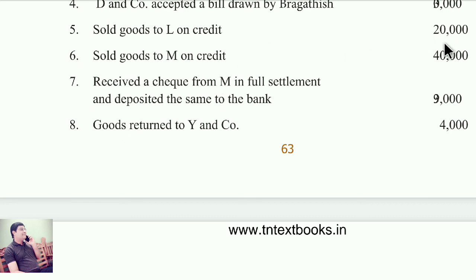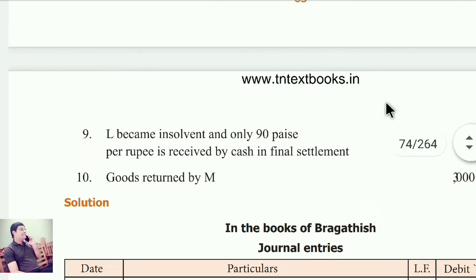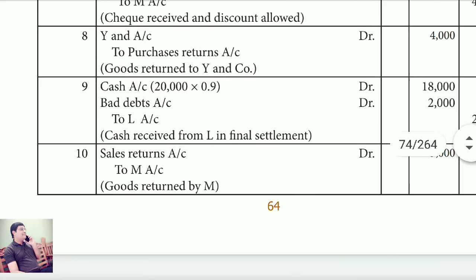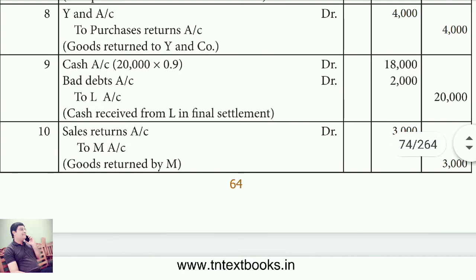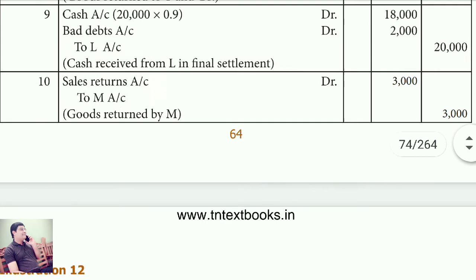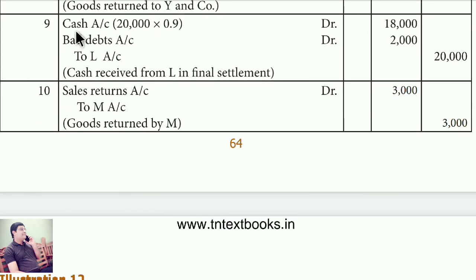We sold the goods for rupees 20,000. So 20,000 into 90 by 100. Now see the date 9. Cash account debit, 20,000 into 90 by 100, or 90 percentage. That is 20,000 into 90 percentage is 18,000. So out of 20,000, 18,000 we received in cash. Balance 2,000 is bad debts.